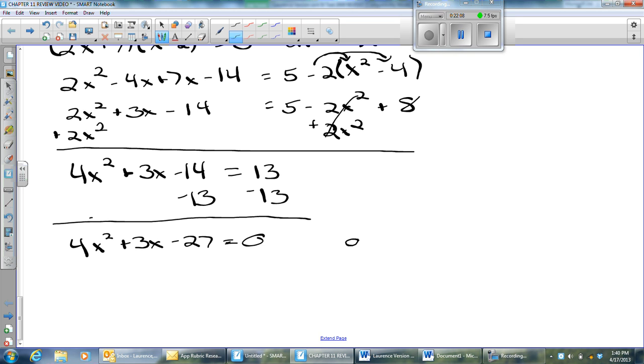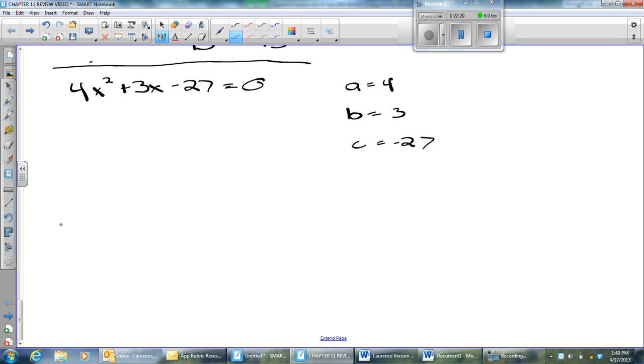So I have A equals 4, B equals 3, and C equals negative 27. All right, we're going to plug it in. Negative B plus or minus the square root. I'm going to simplify what's under the square root first.